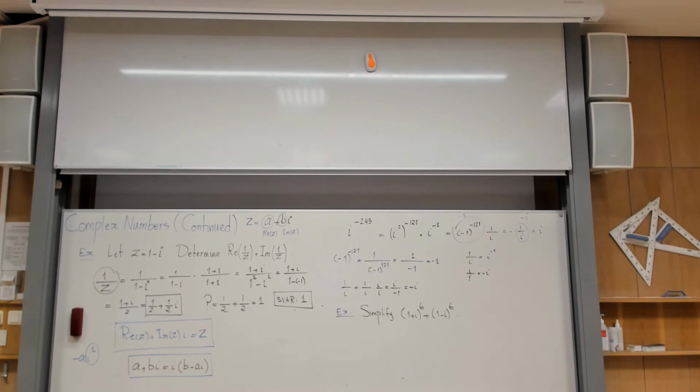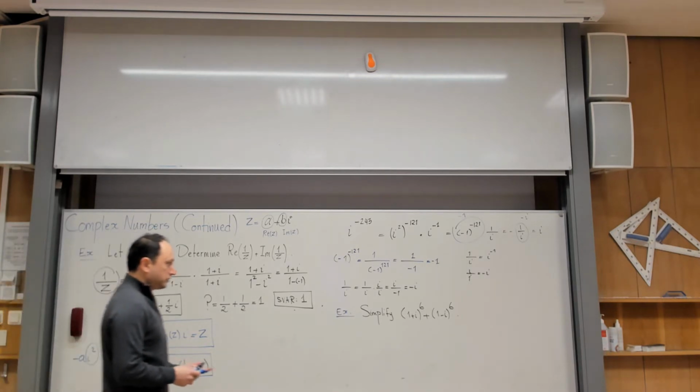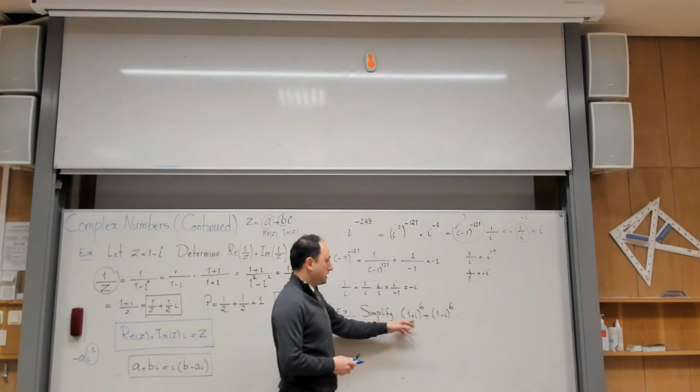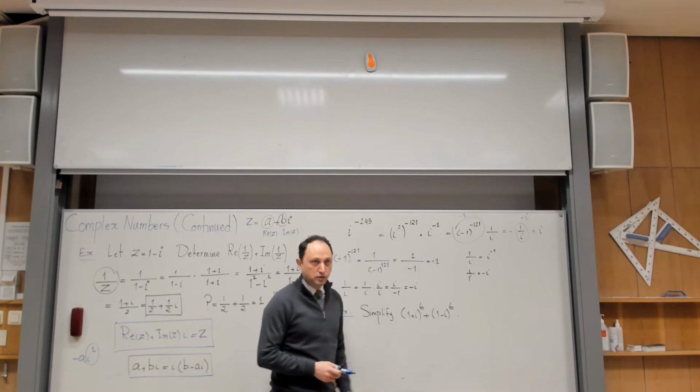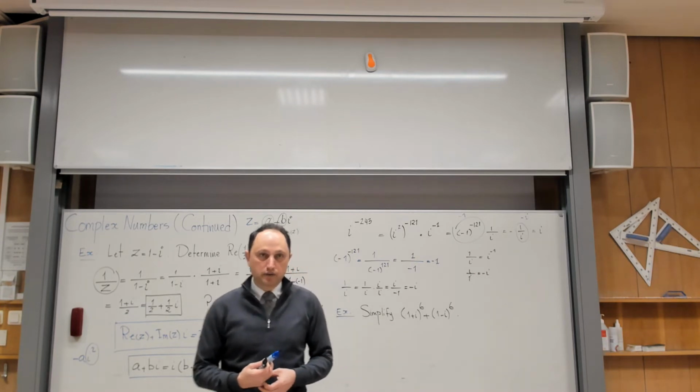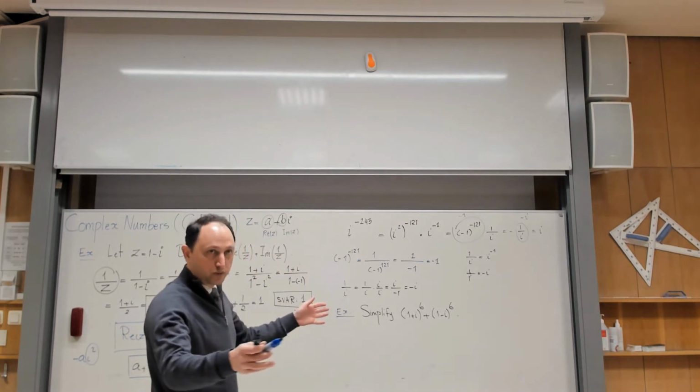Of course, if I want to assume that this is the same arithmetic as real numbers, there is one way to do it, and that's the binomial theorem that you studied in Math 5. And then, of course, you have to expand it.